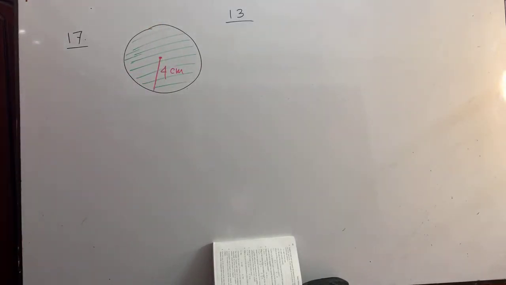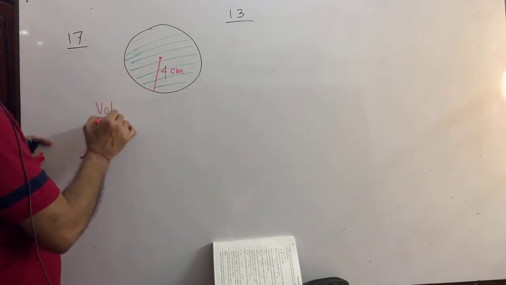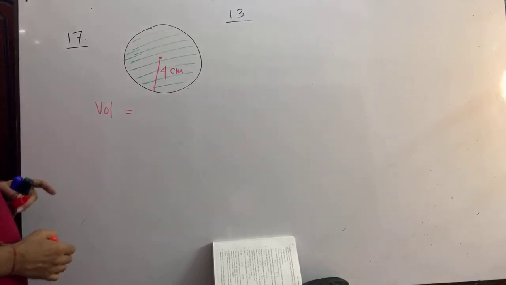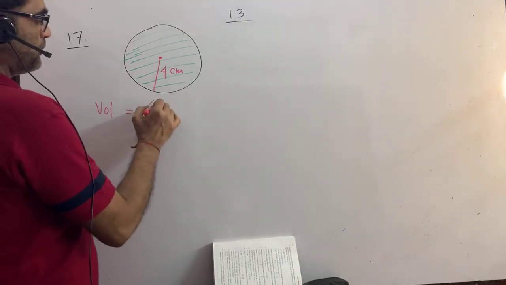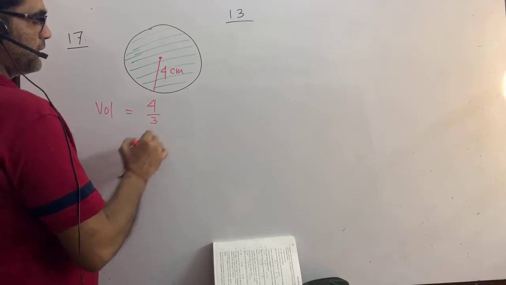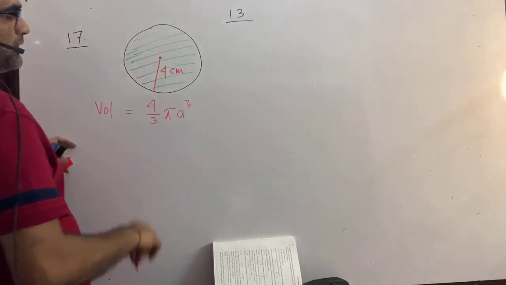So what is its volume? Can you please tell me what is its volume? What is the formula? 4 by 3 pi a cube, it is the formula.